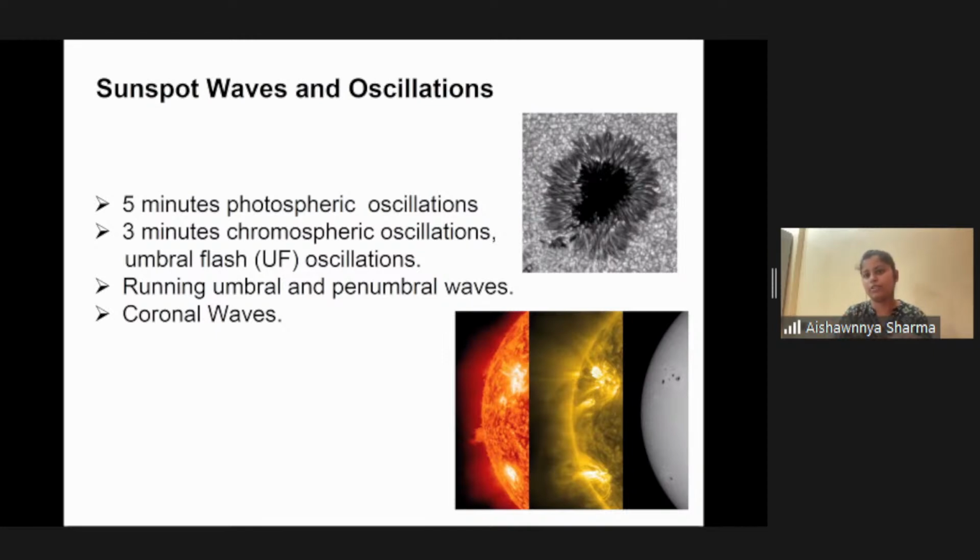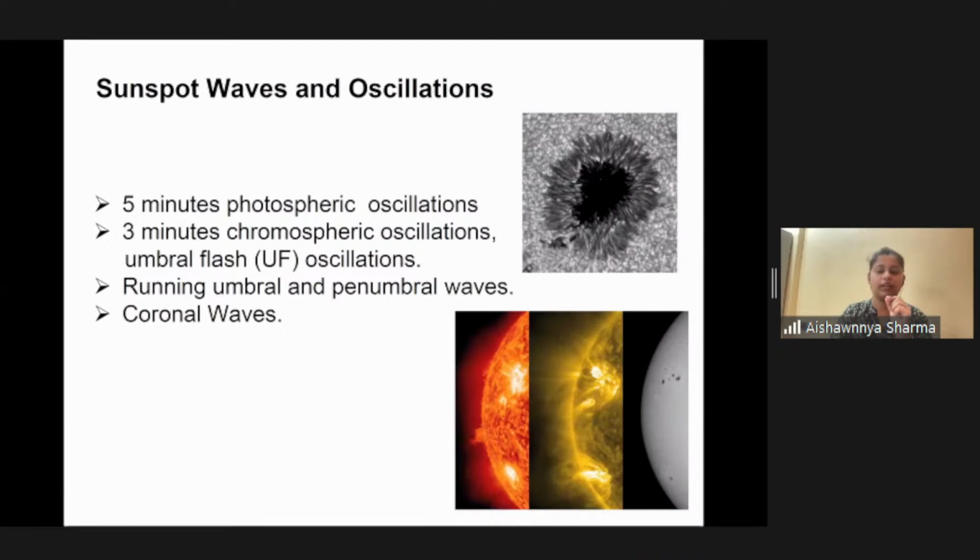We know convection keeps happening all the time, but here the strong field lines inhibit it. As a result, heat cannot come up effectively to the outer atmosphere, and the temperature of these regions becomes lower than the surrounding regions. That's why they appear darker as compared to the surrounding regions.